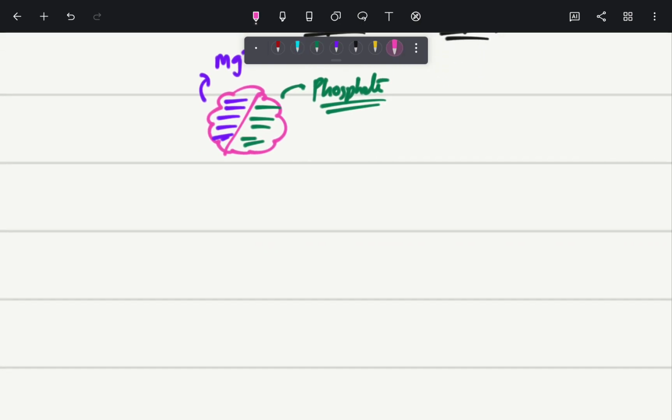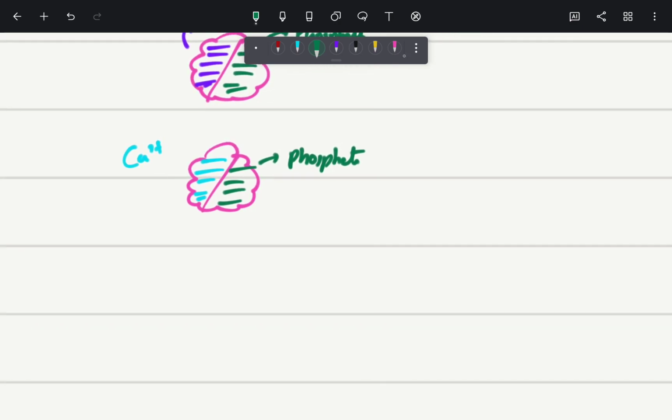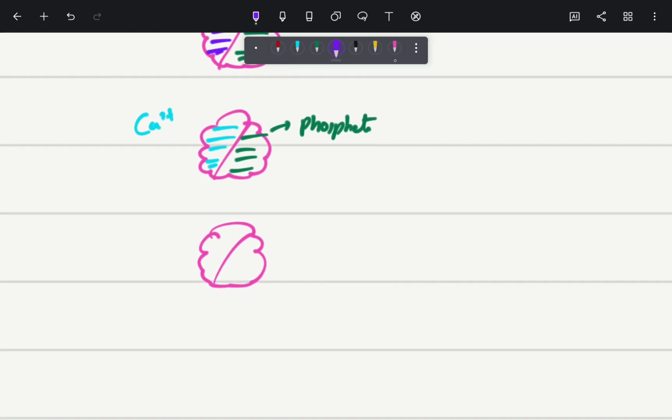In simple stones itself, we have the other stone which consists of calcium and phosphate, and finally we have one more stone which consists of ammonia and phosphate.